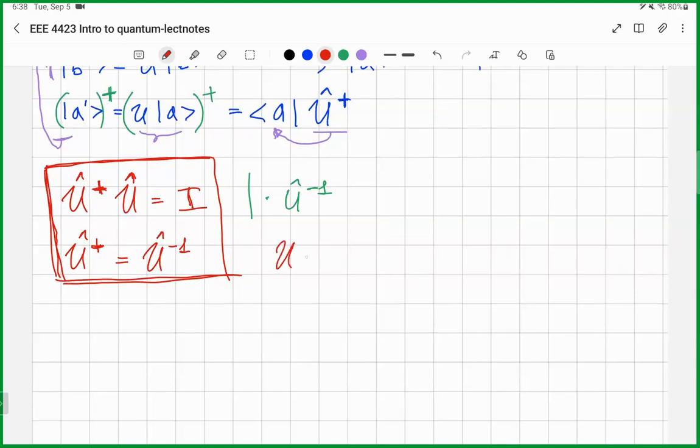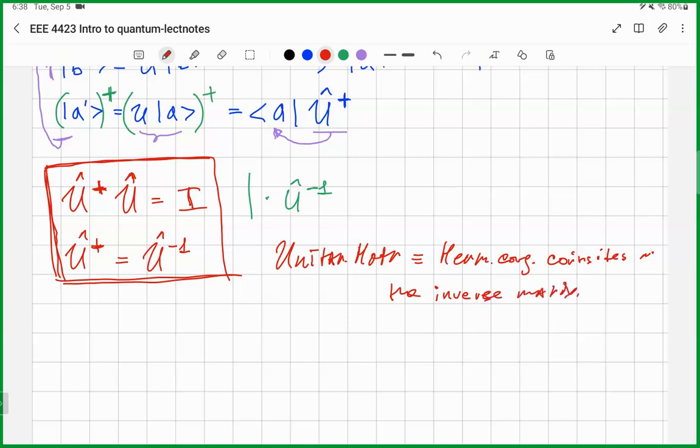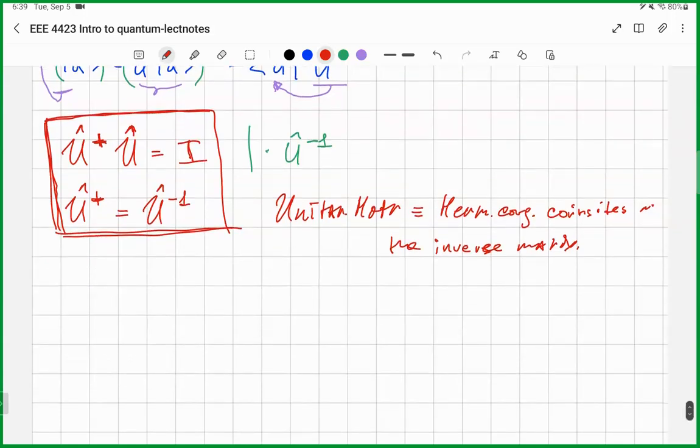So for a unitary matrix, the Hermitian conjugation coincides with the inverse matrix. Very good. I will prepare a couple of problems for the next homework about this, because this is pretty important.